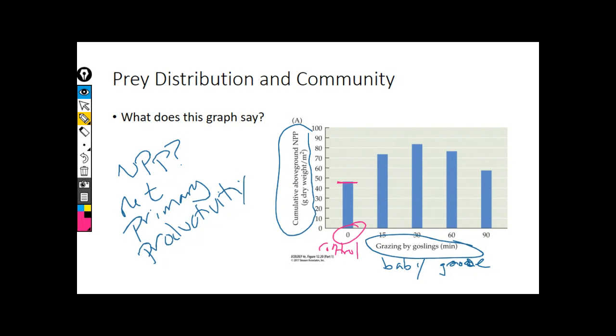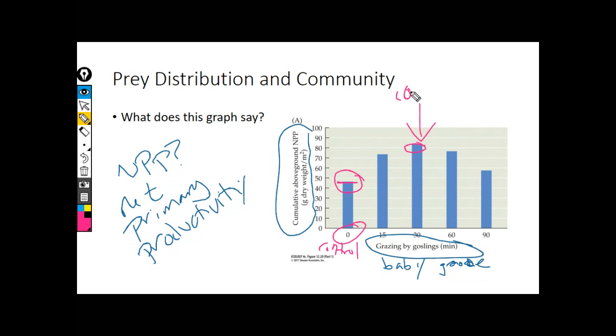How can I interpret the rest of this? Okay, so 30 is my peak. Okay, so I see that this is bigger than this. Why? Why, if goslings are eating, is that bigger than the control?